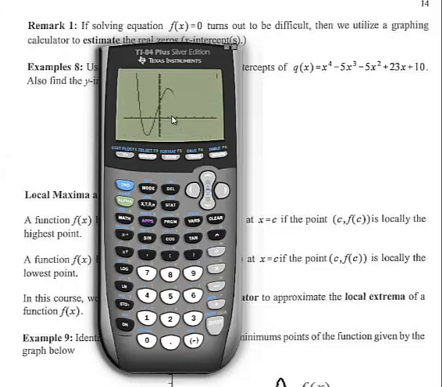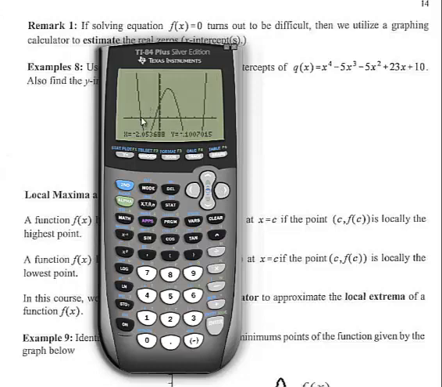It told me to estimate, so what I'm going to do is simply move my cursor around. You might like to use trace to where the cursor is restricted to moving only along the actual curve. Sometimes that can give you pretty good values. Other times, as in this one, it sort of jumps the x-axis, and I think I can get a better picture or a better estimate of my zeros if I just simply move my cursor.